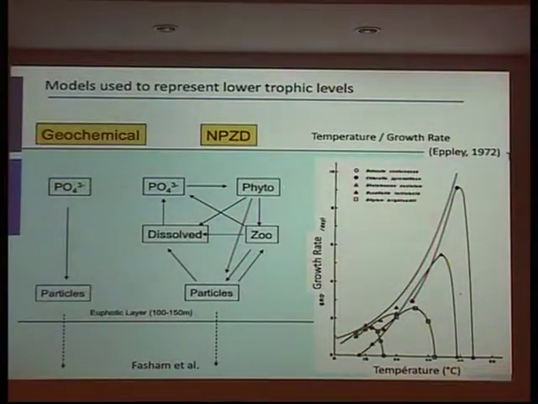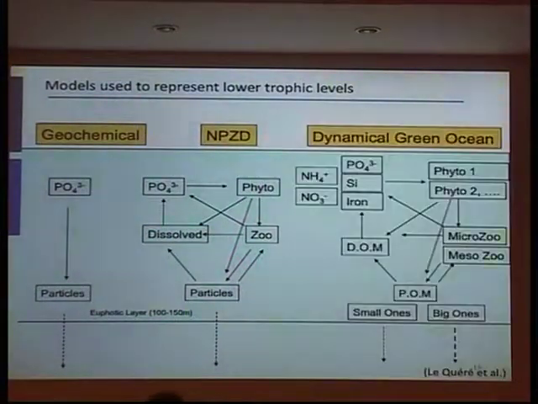Of course, this was too simple for most of the things that we are interested in now. And so the new generation of models, and some of the models that are now used by climate groups in climate models, are what we call dynamic green ocean models. The phytoplankton group here has been split into different phytoplankton functional groups by size or by function.